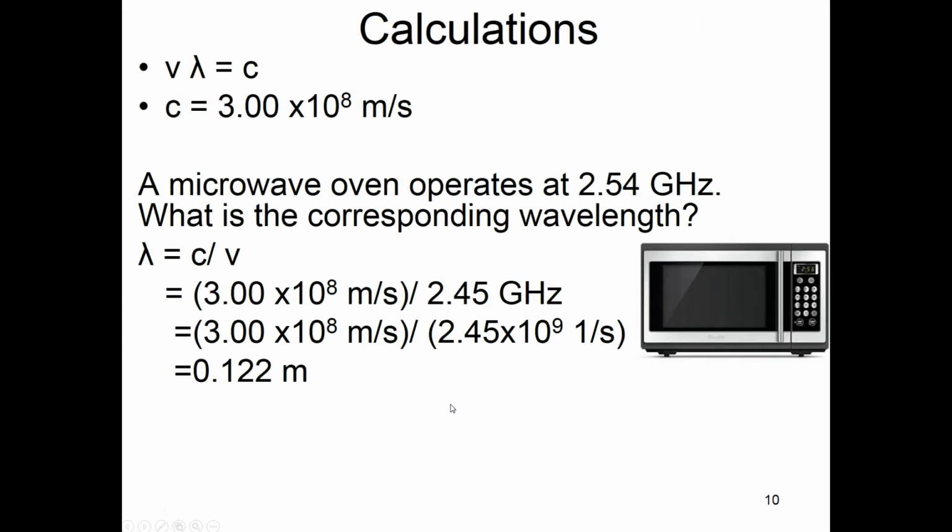So the wavelength for a microwave in your oven is 0.122 meters, or that'd be 12.2 centimeters, or just under 5 inches. So that's how we can convert from frequency to wavelength. And you need to be able to go in the opposite direction from wavelength to frequency.